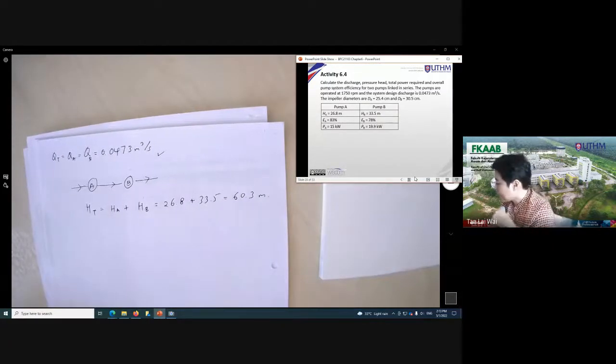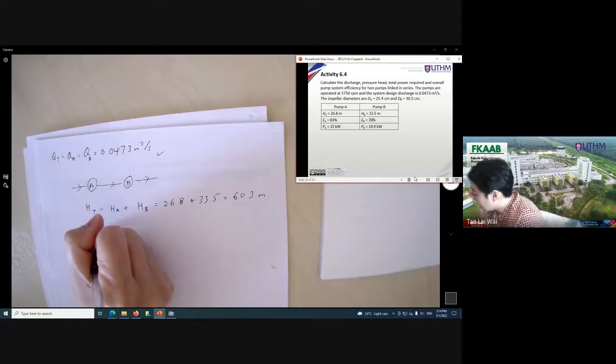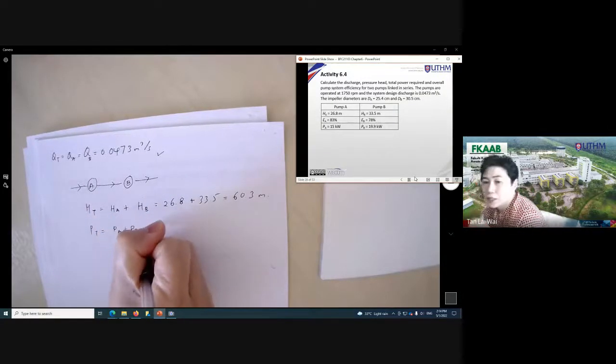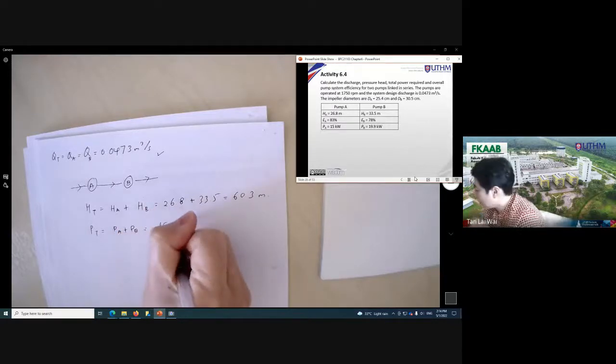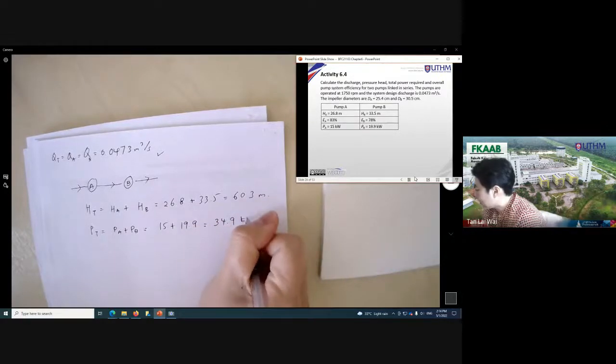And then total power. Again, you need to add them up together, which is 15 plus 19.9, which is equal to 34.9 kilowatt.